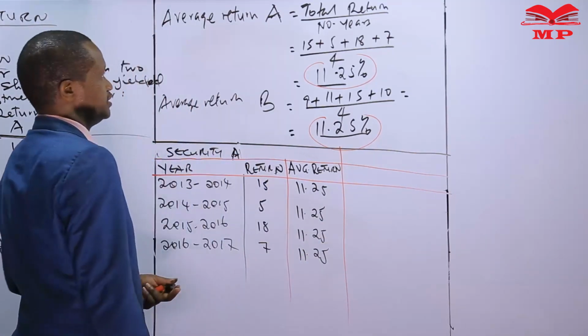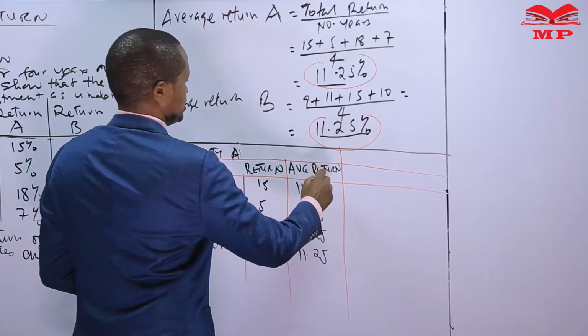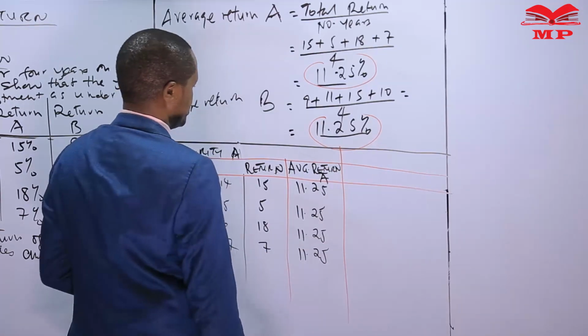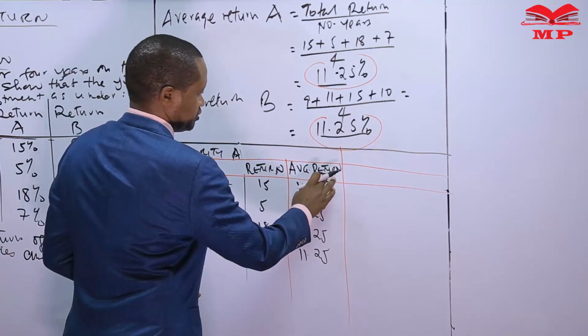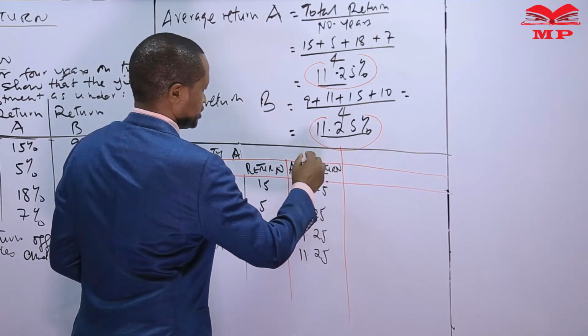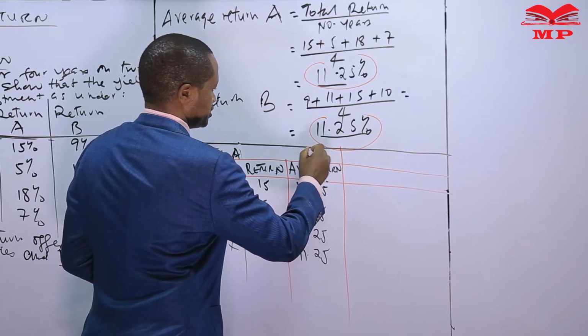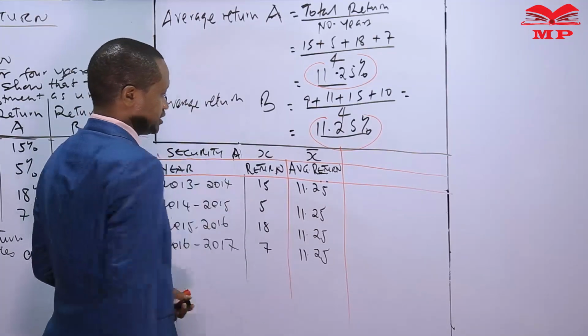So this is the average return, A bar. Instead of using A bar, you can use X bar, to be consistent with the previous illustration. X bar will be the average, and the actual is X.